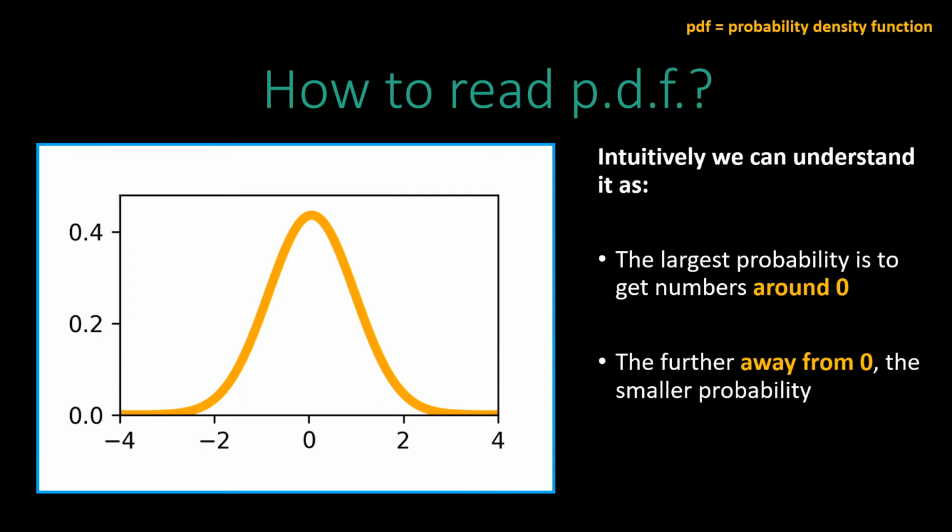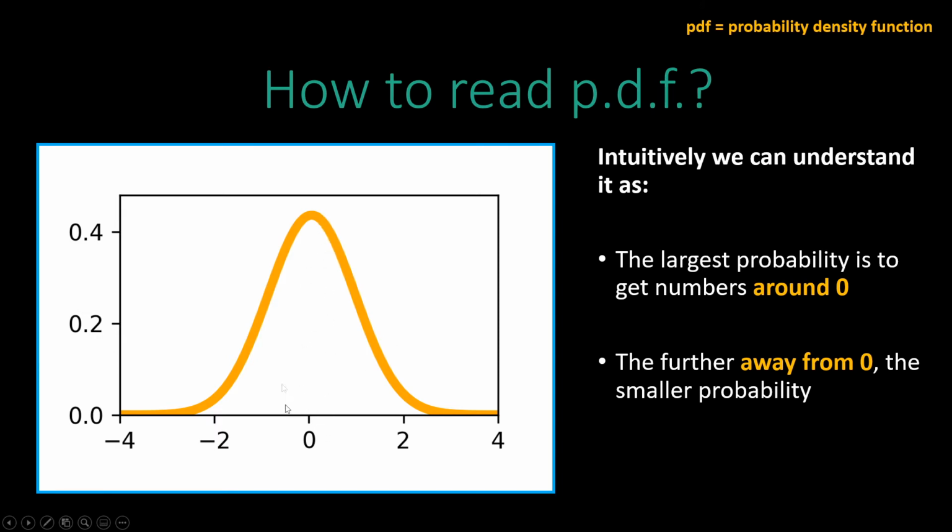Okay. So this was a more mathematical explanation. How can we understand it intuitively? This plot really tells us which numbers are the most probable, right? So something around 0. Let's imagine that this is our model, and we will be getting numbers from it. It's a function that we can call again and again, and then it will just give us numbers. It's a generator, sort of. So if we generate numbers from that, most of them will be around 0.